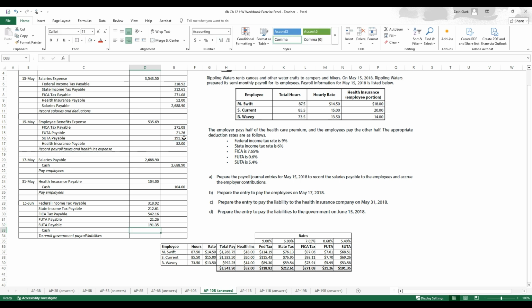And then the SUTA portion, the same thing, down $191.35. And then the total cash that we need to pay out to the government entities then is $1,286.29 in total.